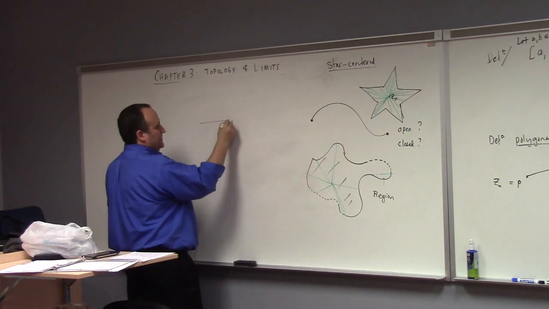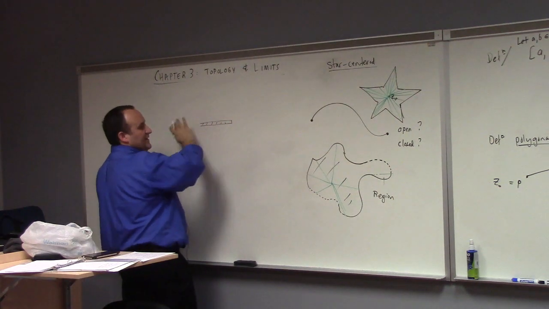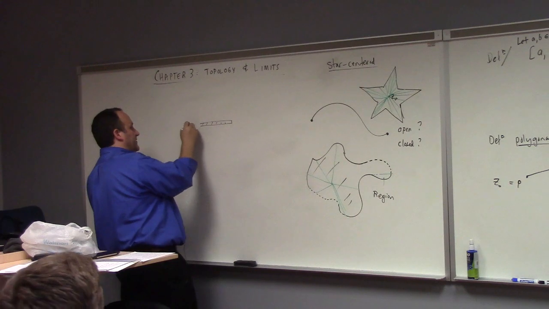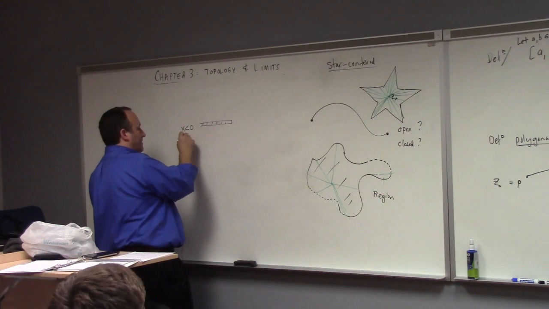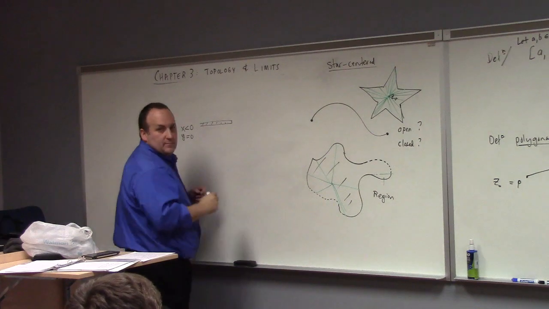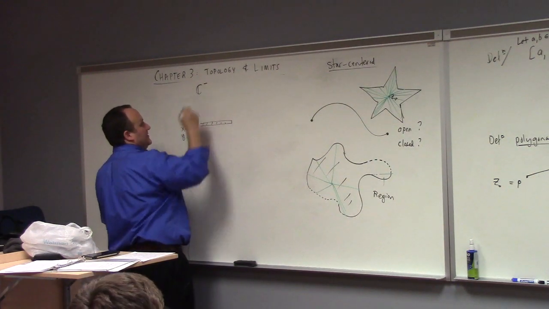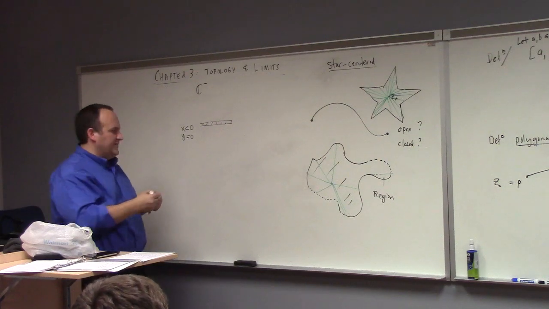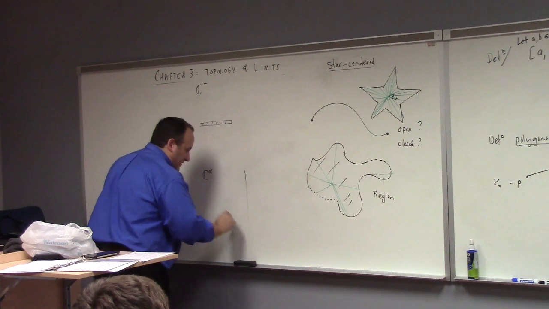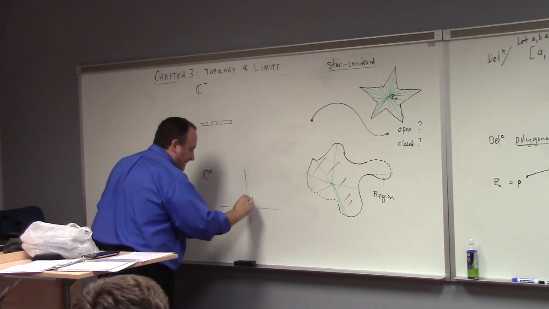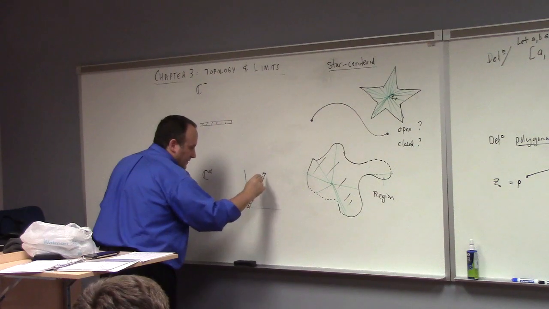A slit complex plane. So you throw this out, right? Everything else is in except for this. This is the negative real axis. All right. So this is called C minus, the slit complex plane. I also define a C alpha, which is like everything in the complex plane except for the ray at angle alpha, right?